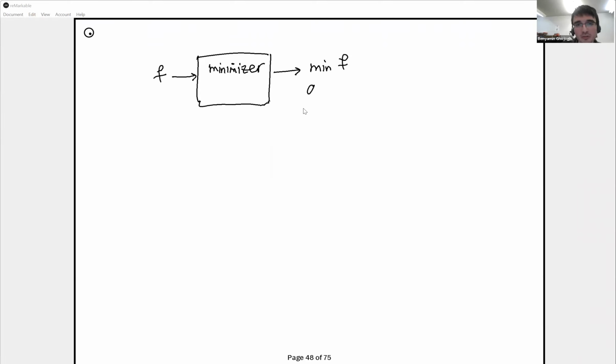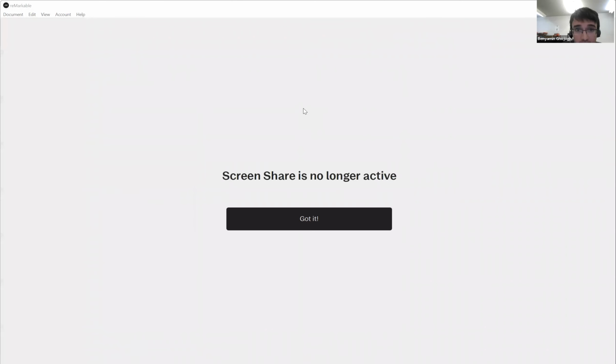Both of them. Now I have a function g which I want to maximize.